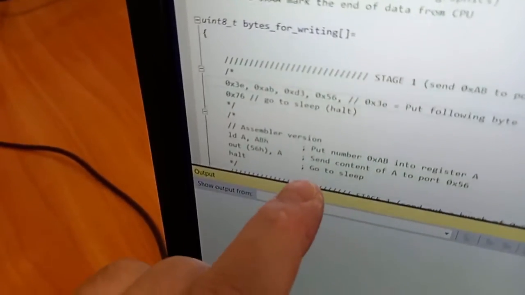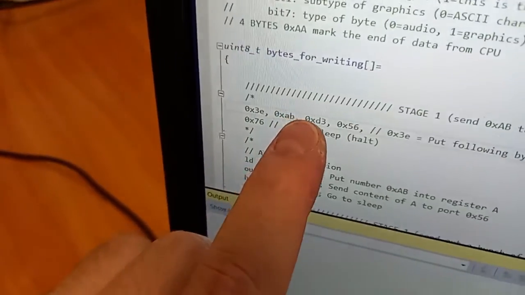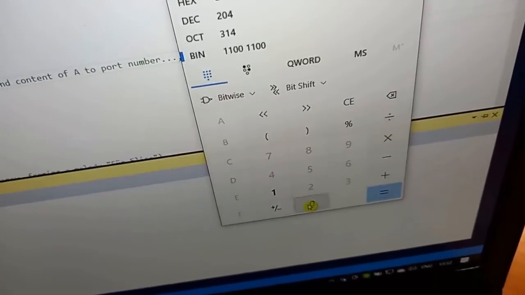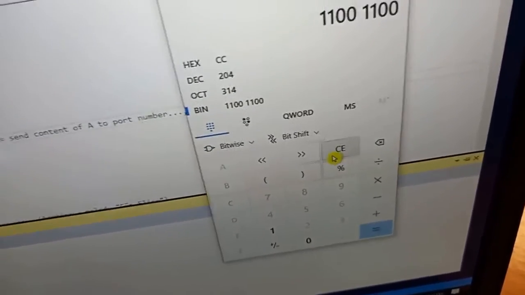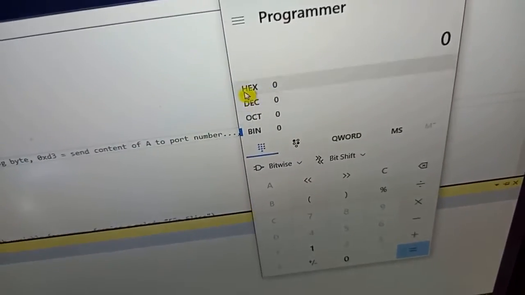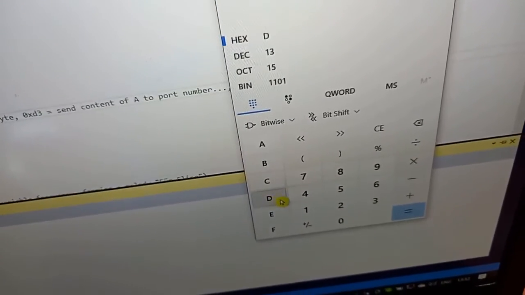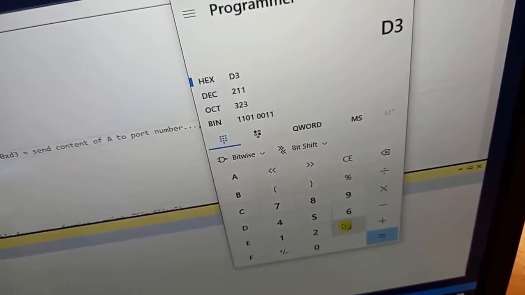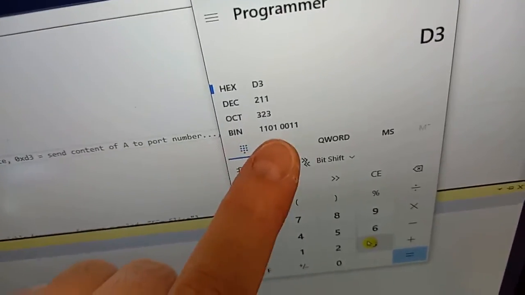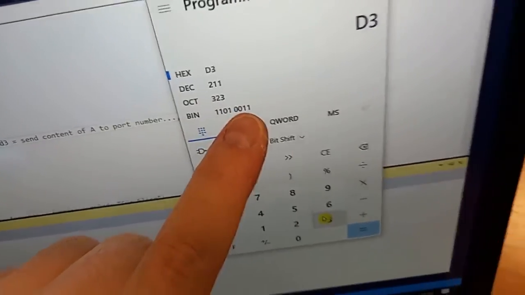At number 2 we have instruction D3, and that D3 means 11010011.